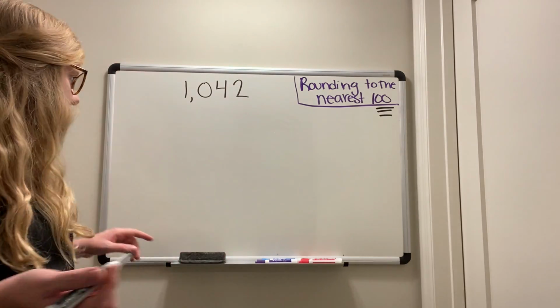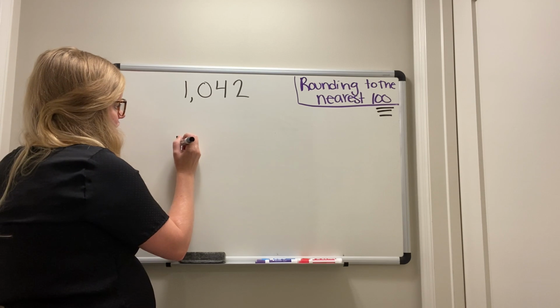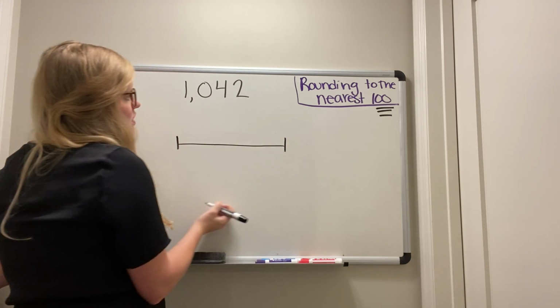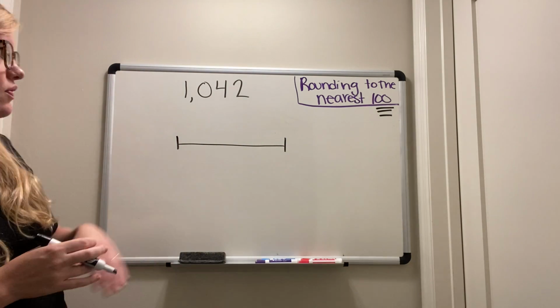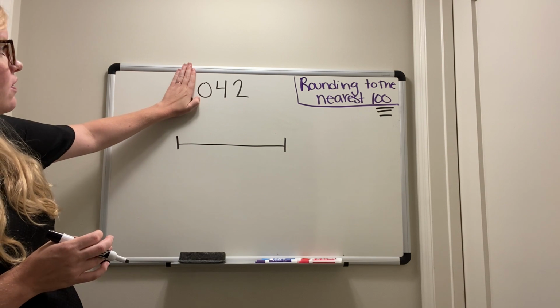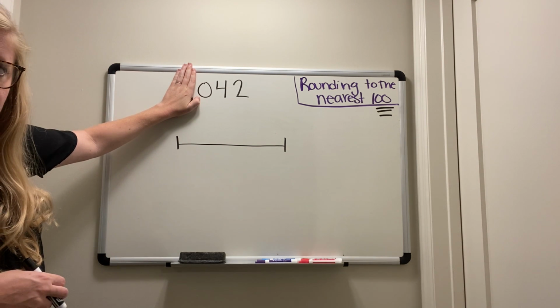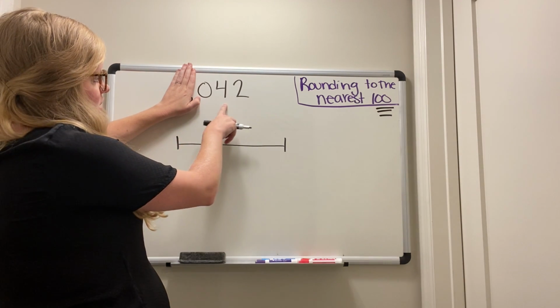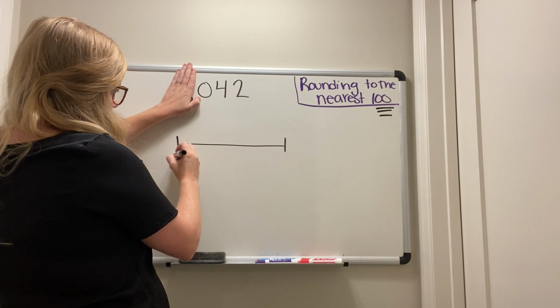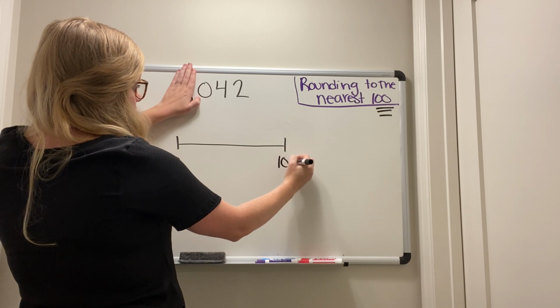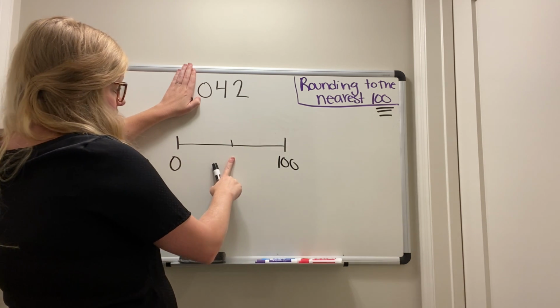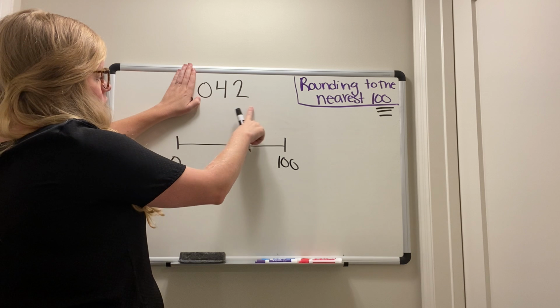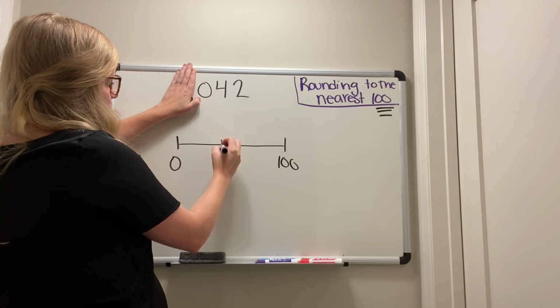Remember what we did when we were rounding to hundreds to make sure that we weren't so confused? We covered the 4th digit. So we know 42 is in between 0 and 100. 50 would be about there. 42 is a little bit less than 50.